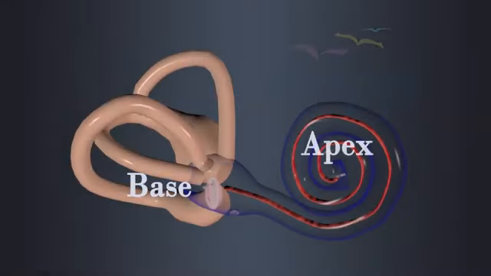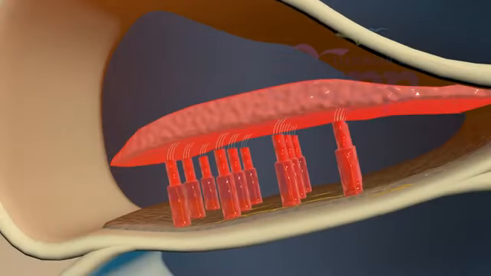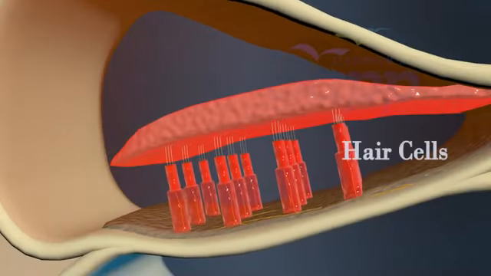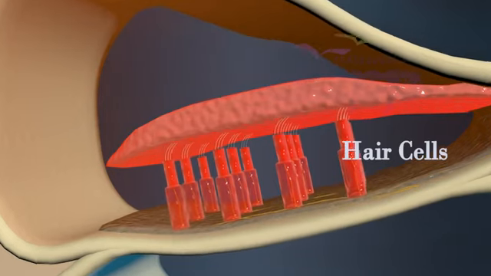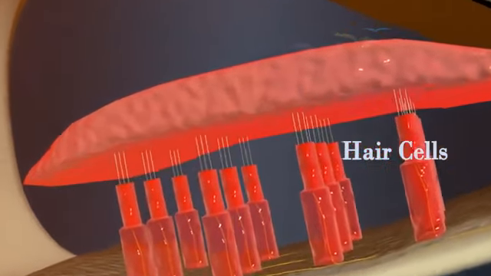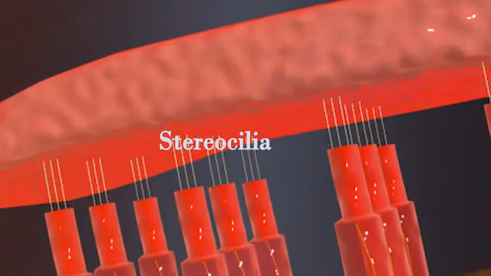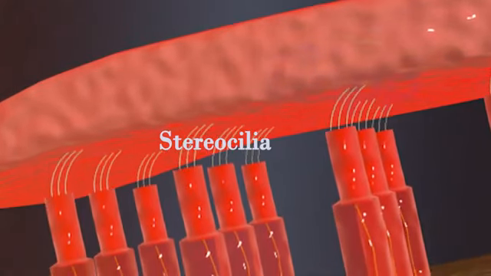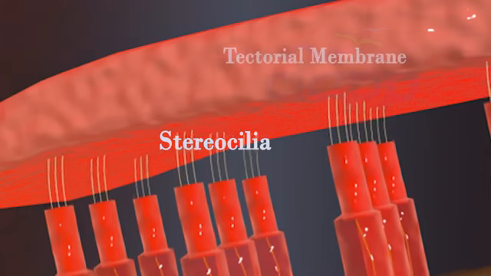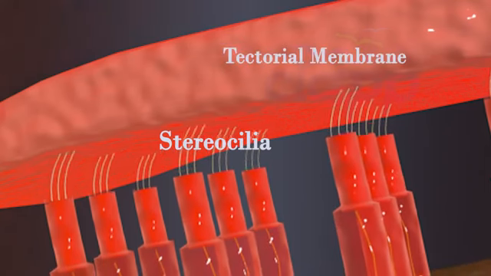High-frequency sound waves cause vibrations near the base, and low-frequency sounds cause vibrations near the apex. The basilar membrane contains thousands of tiny hair cells. These hair cells have hair-like projections called stereocilia that are embedded in an overlying gel-like structure called the tectorial membrane.